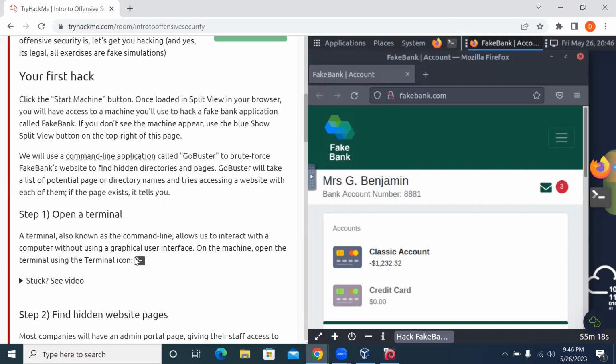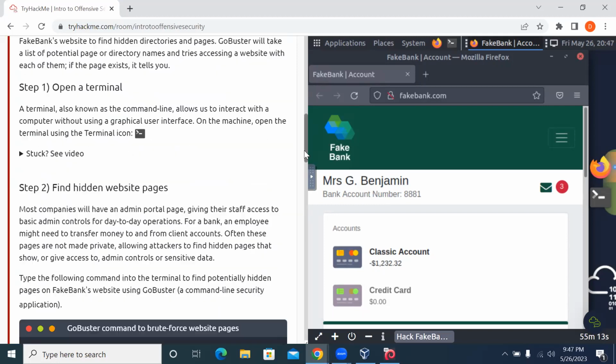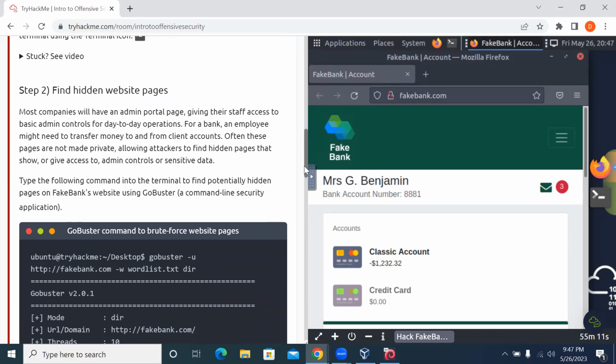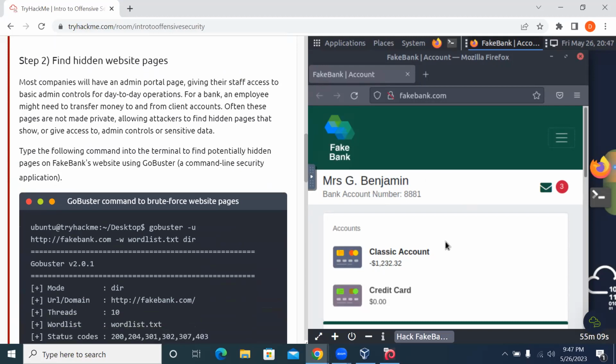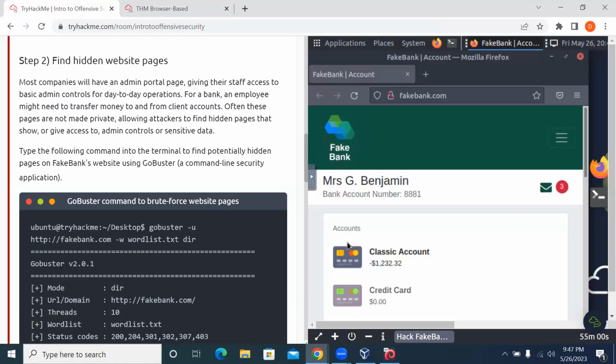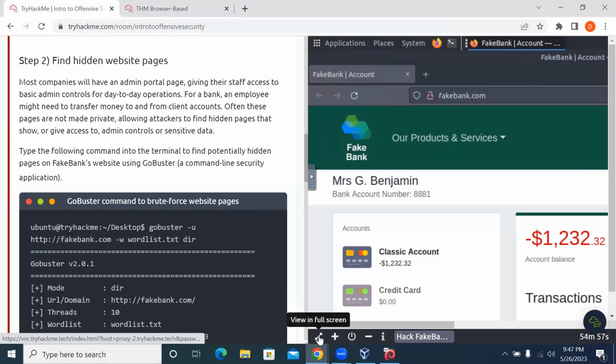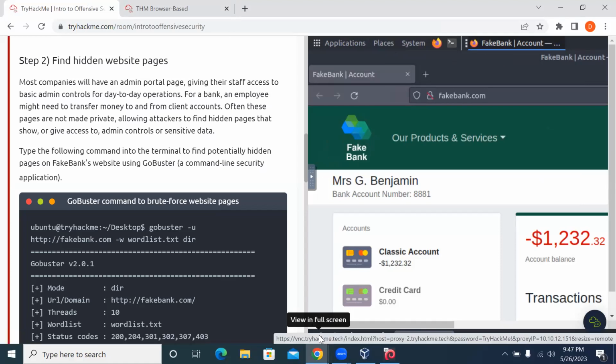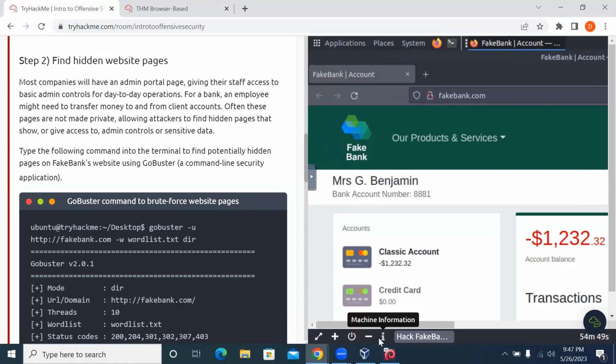Open a terminal on your machine, the one we have started up here. First of all, let me extend the machine to another screen. If you want to do that, you can look at this two-sided arrow button here. You click on it, and it puts the machine on full view.